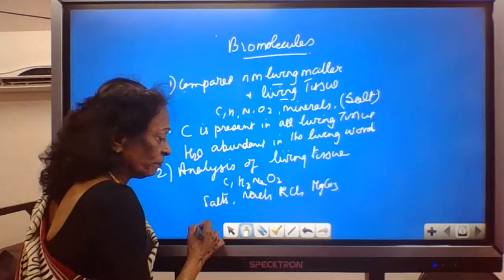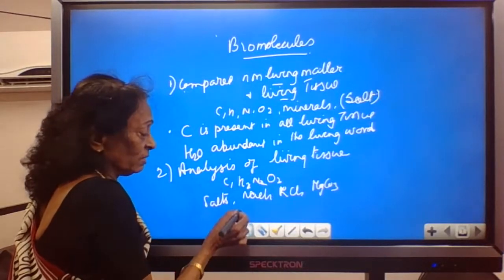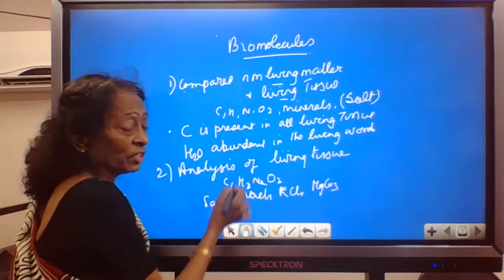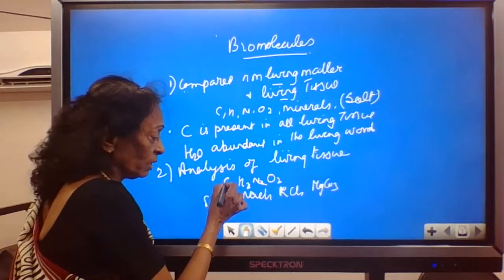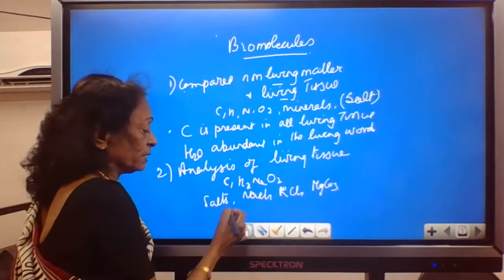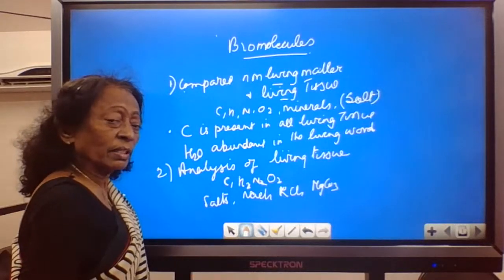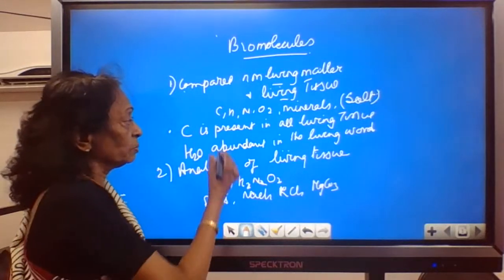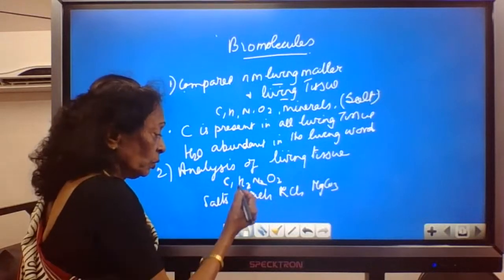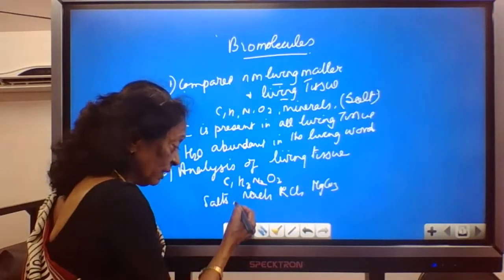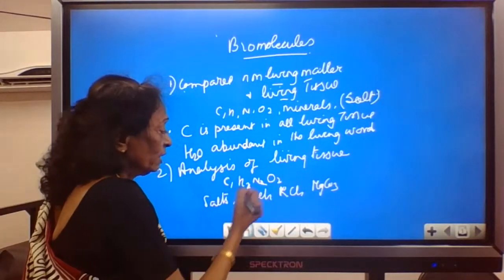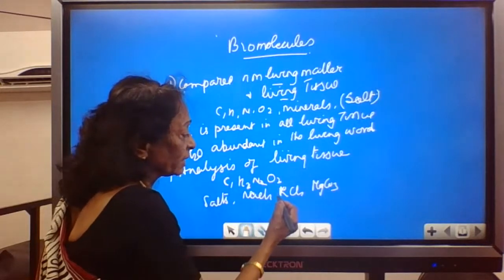That means carbon is present in all the living tissue. The major element they found was carbon, along with these substances, and the other mineral salts are also present. So they came to the conclusion that not only these major substances are essential. You need other than carbon, hydrogen, nitrogen, also salts in NaCl, KCl form.